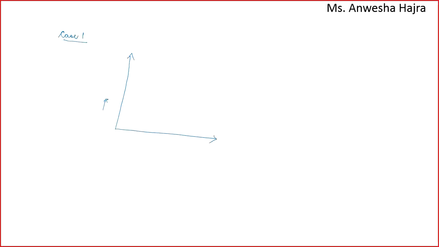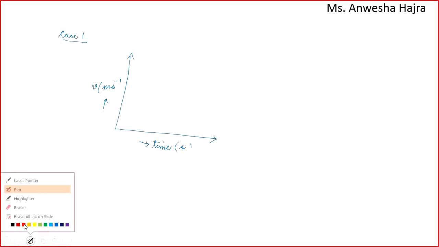We plot velocity along the y-axis. The unit of velocity is meter per second. Time is in seconds. Suppose you have a graph like this.